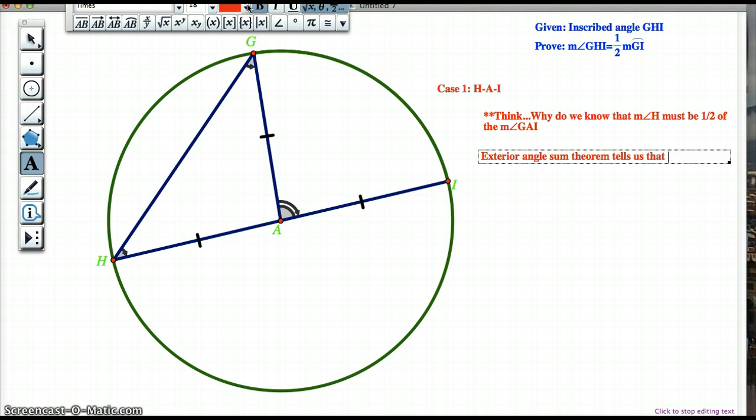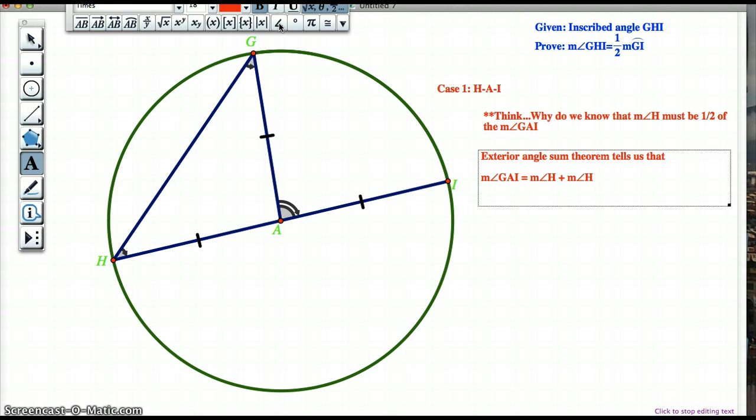It tells us that the measure of angle GAI is equal to the measure of angle H plus the measure of angle G. Well, we know by the isosceles theorem and the definition of congruence that the measure of angle H is the same thing as the measure of angle G. So I can replace the measure of angle G with the measure of angle H because they're congruent.